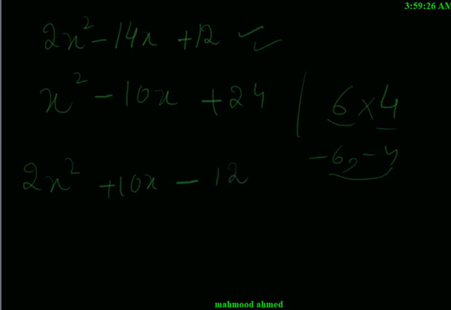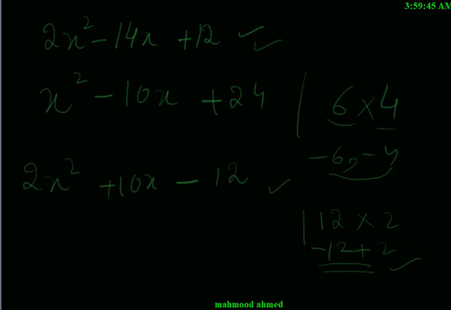So this is again slightly different, but here you will take plus 12 and minus 2. You need to adjust the sign. So I hope you understand, and you will solve these questions and give the answer in the comments.